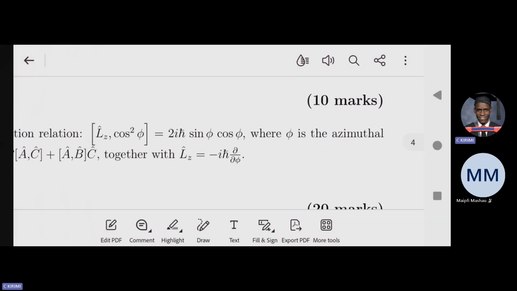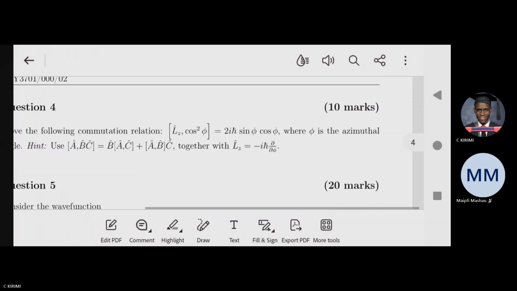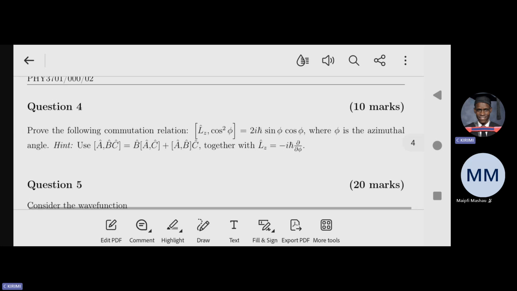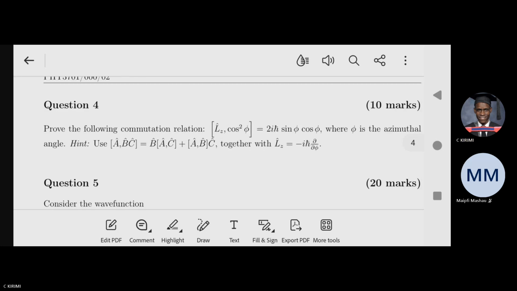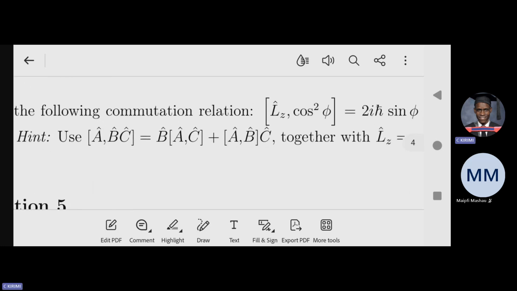Where phi is the azimuthal angle. We use this when A is commuting with BC. First you take out the B, then you commute A with C; the order matters.